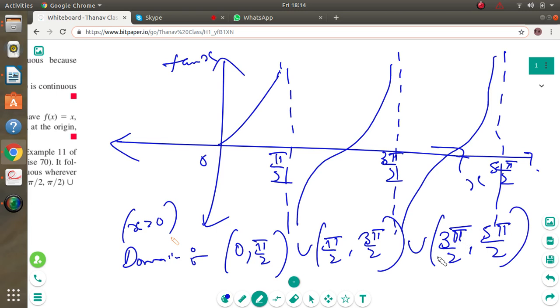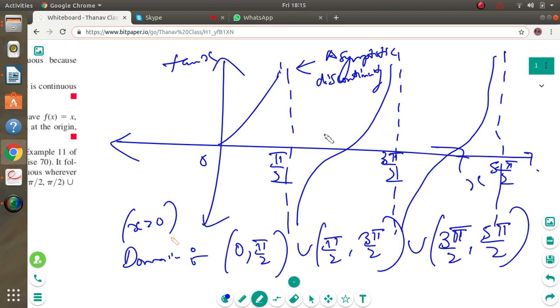But the function has the asymptotic discontinuity here, because it is not approaching the same limit also. Because it has infinite value here.